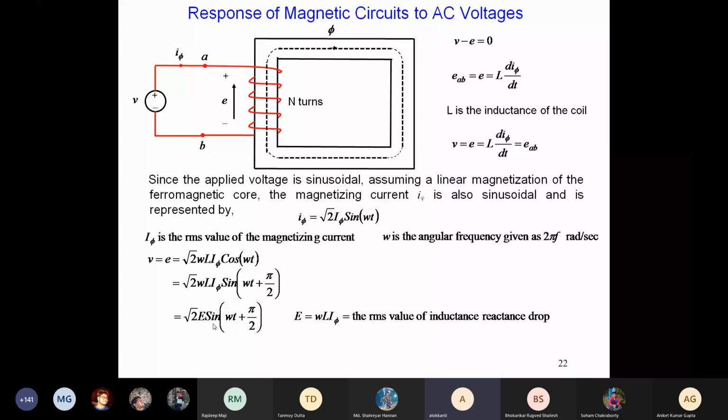If you remember the term omega L, it is basically the inductive reactance, j omega L, which you saw earlier. So omega L I phi is the RMS value of the inductive reactance drop, and root 2 E is basically EM, the maximum value of the EMF, EM sine omega t plus pi by 2.